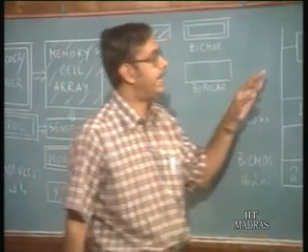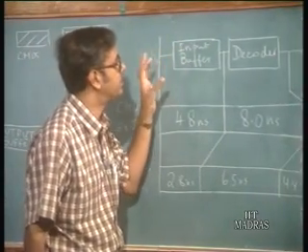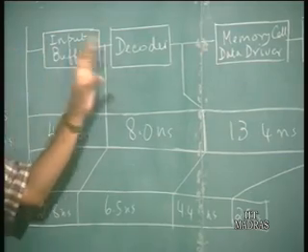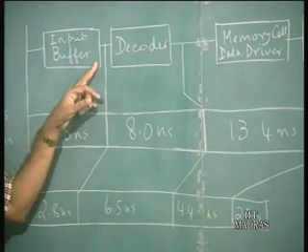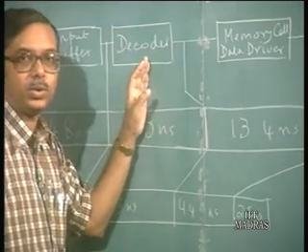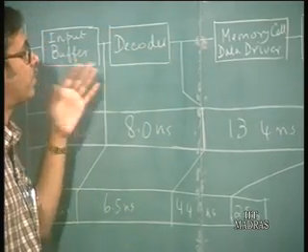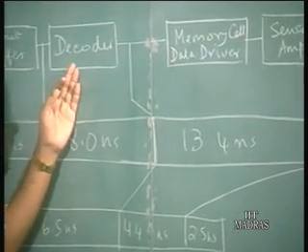The delays can be broken up into the delays through the various regions of the memory. For example, first you have the input buffer, so there is a delay corresponding to the input buffer. Then you have to decode whatever address has been floated, so that address has to be decoded, and there is a delay for the decoder.